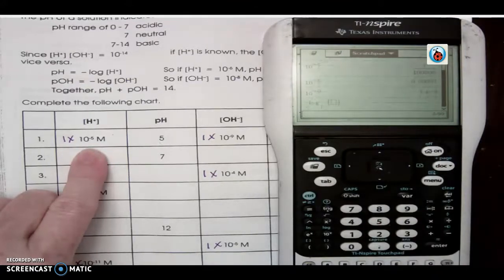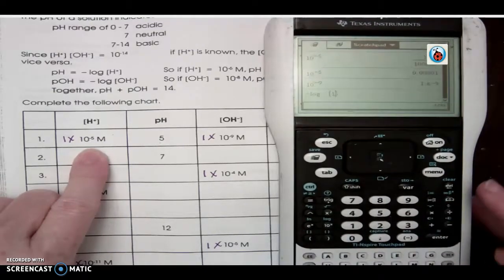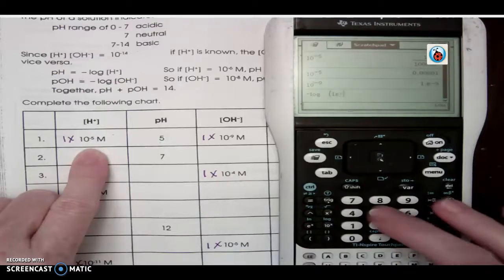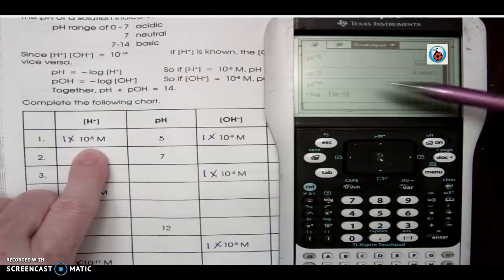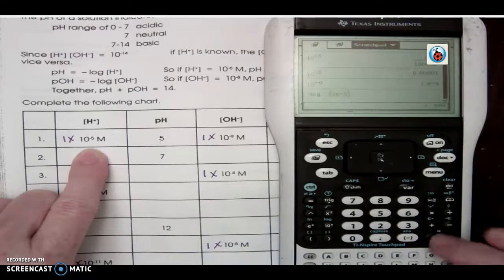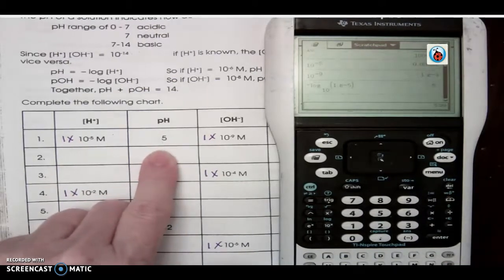See that on the screen? I'm going to arrow over into my box, and what am I putting in there? 1, the EE button, negative 5. Negative log of my concentration, and then I hit enter. And what do I get? 5. There's my answer, 5.